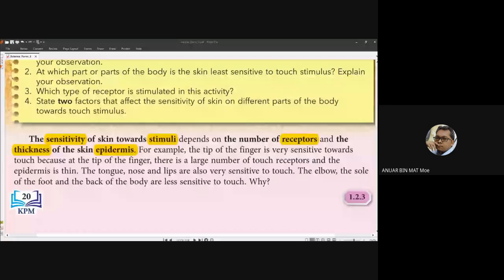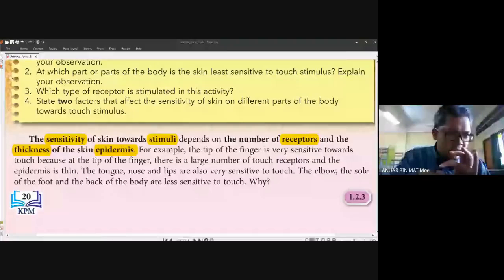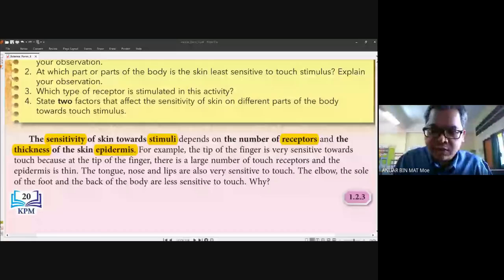Of course, you will feel the sensitivity is less when your epidermis is thicker. When your epidermis is thinner, you will feel more sensitivity. For example, lips have many receptors and a very thin epidermis, so they are very sensitive. The skin around the lips is very sensitive.